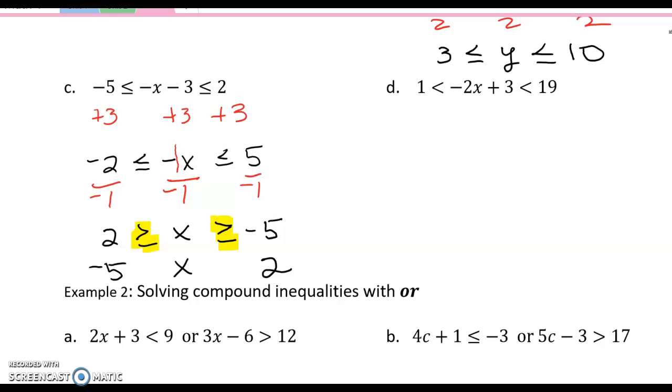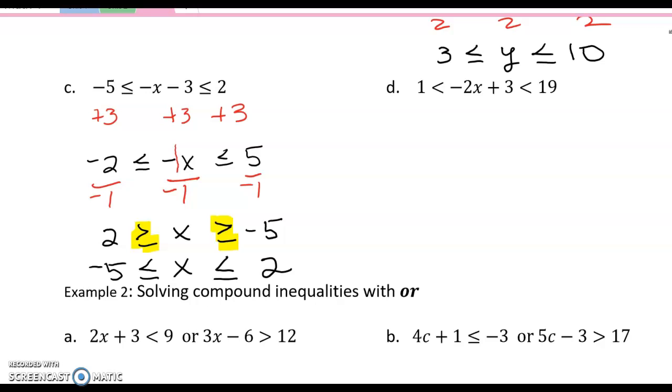I've got to flip it one more time because I switched places. Okay. So in this one problem, we had to flip that inequality twice. Once because we divided by a negative, a second time because I switched the numbers around. This is our final answer.